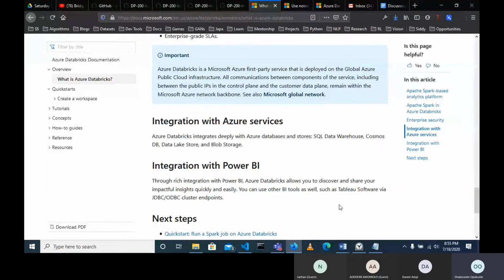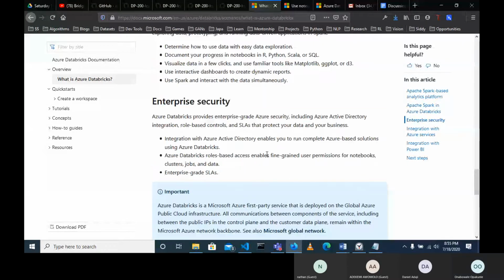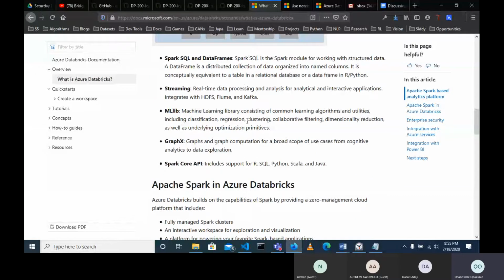Whatever the output is, you can always feed it to Power BI and make really cool visualizations of it. So that was a brief run through. To know more about it, just come to the Databricks documentation and read up on it. It's really cool.